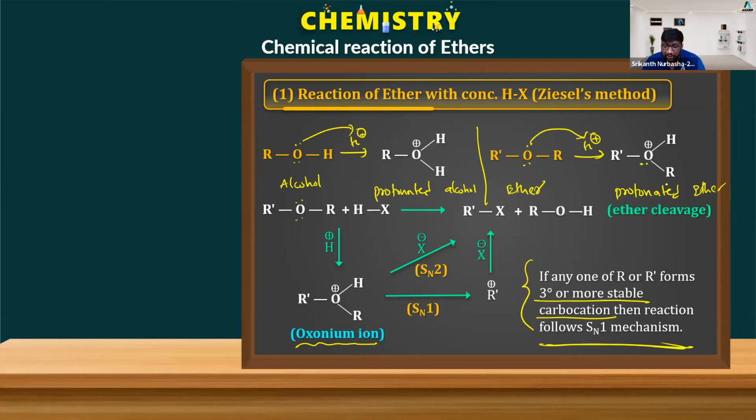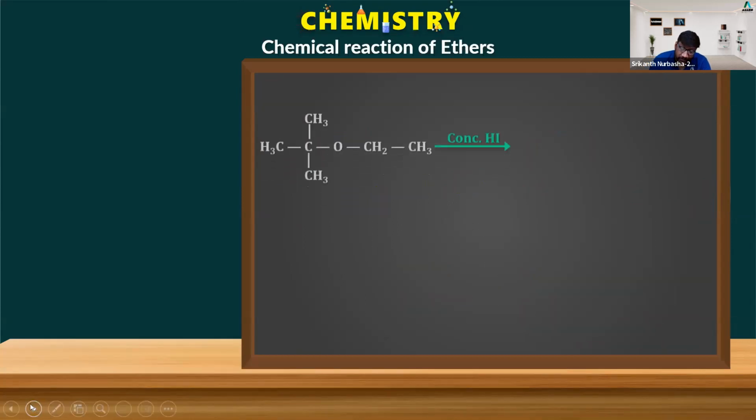If a tertiary, allyl or benzyl group is present, SN1 is going to happen. If primary, secondary or methyl groups are there, then you have SN2 attack. Whenever SN1 is possible, you get a carbocation, so rearrangements are also possible in SN1 reactions. Let us look at the examples, you will get clarity.